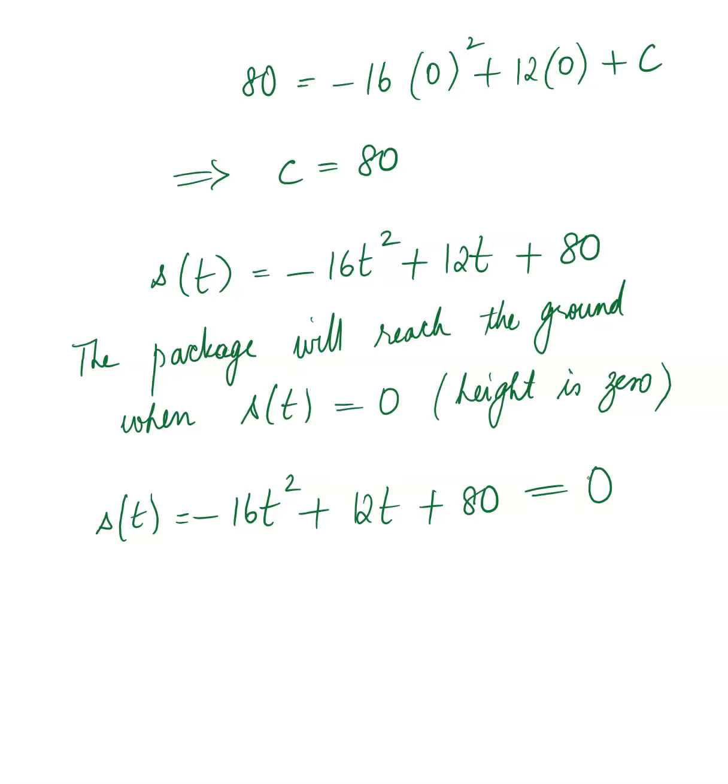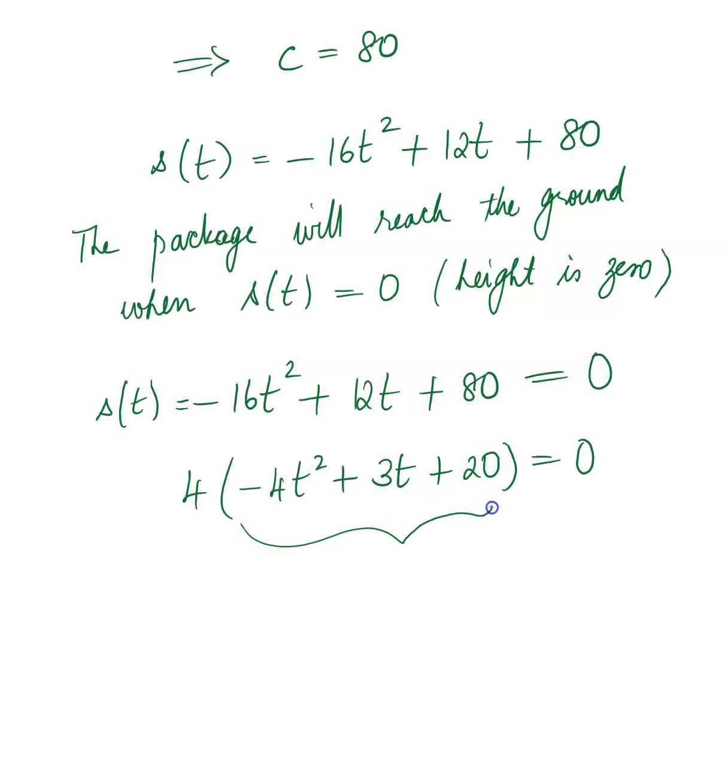I would say pull out the GCF, and in fact, 4 would work for GCF. So let me do that. Pulled out a 4. You get negative 4t squared plus 3t plus 20 equals 0. And then for this one, use the quadratic equation. Quadratic formula. This is a quadratic equation.